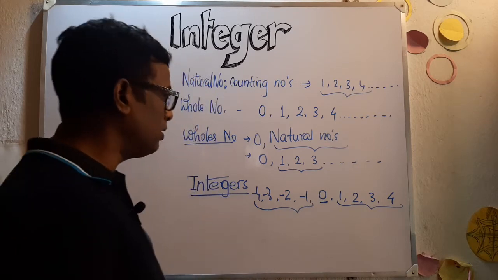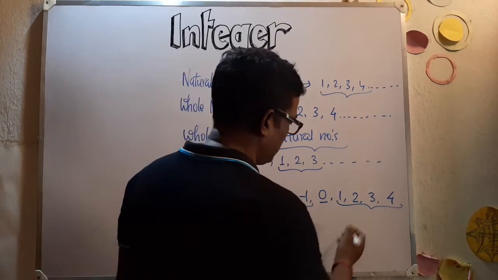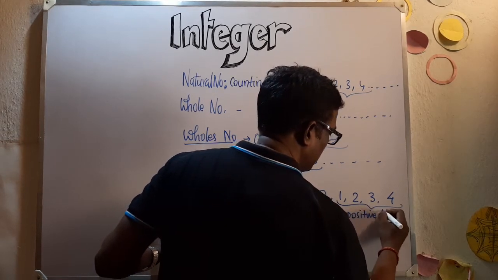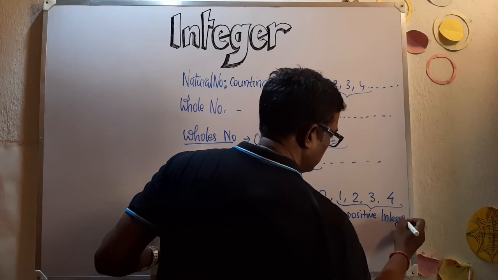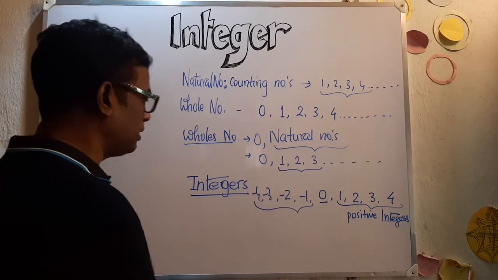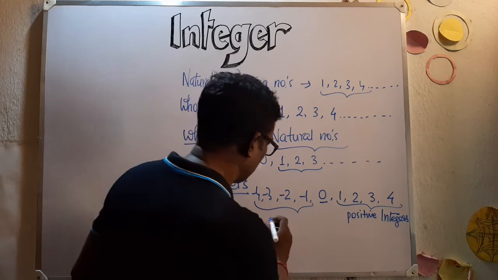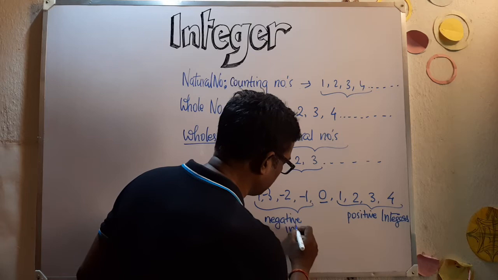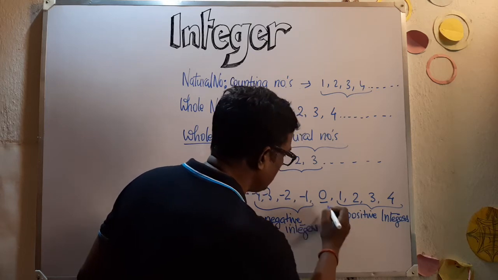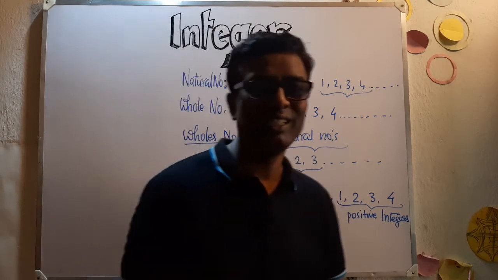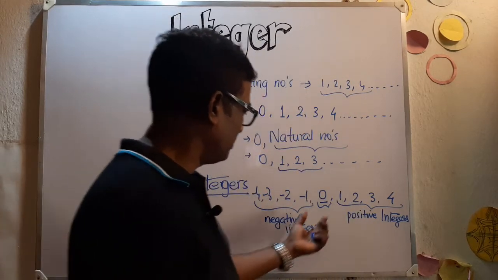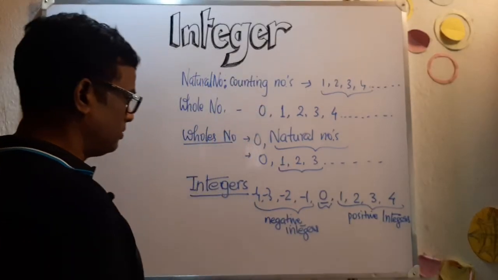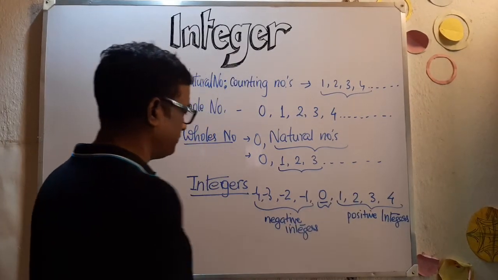The numbers which are represented on the right side of zero are called positive integers. And the numbers which are on the left-hand side of 0 are called negative integers. And 0 is neither negative nor positive.